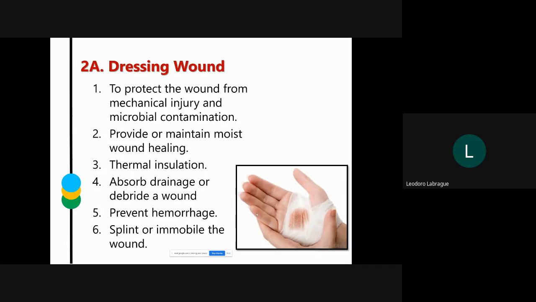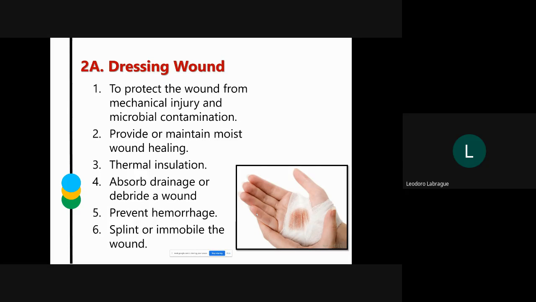Number 4, absorb drainage or debris from the wound. If your wound keeps on producing exudate, the purpose of the wound dressing is to absorb the exudates. Number 5, prevent hemorrhage is also important. If the wound is bleeding, you apply pressure and then apply a wound dressing, and it will stop the bleeding. And of course, number 6, splint or immobilize the wound. If you have a wound, normally you don't want to move it.